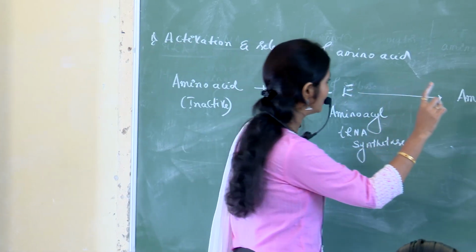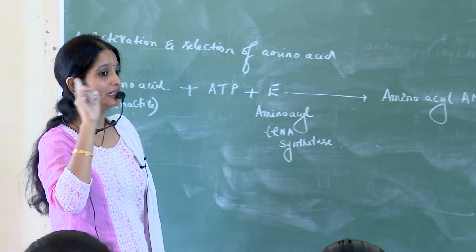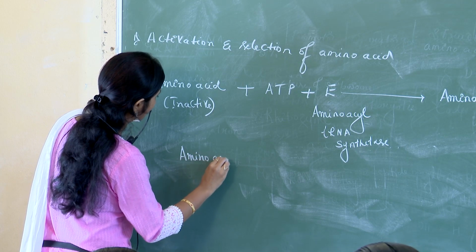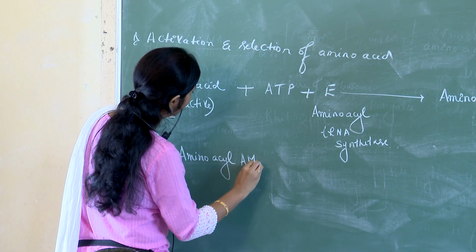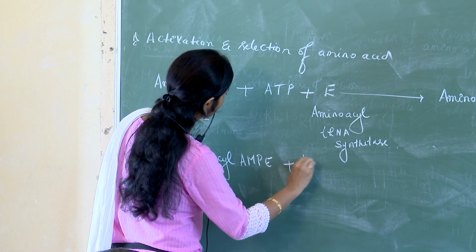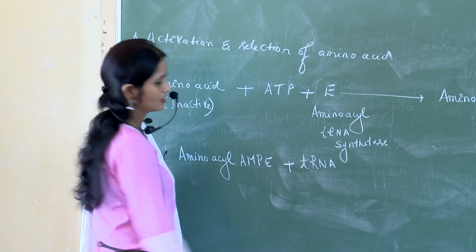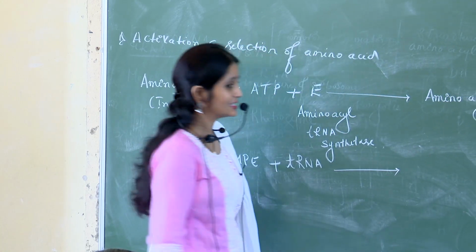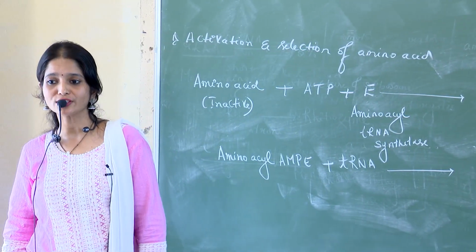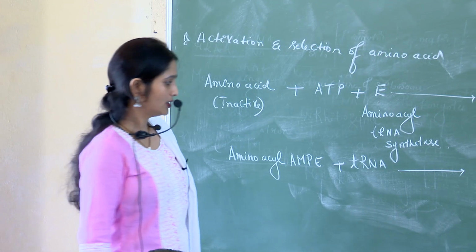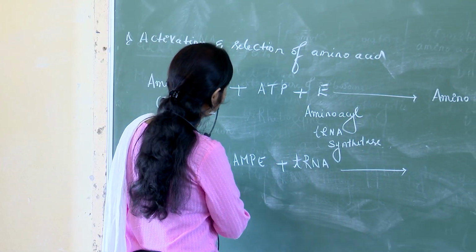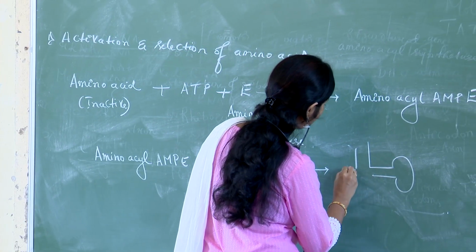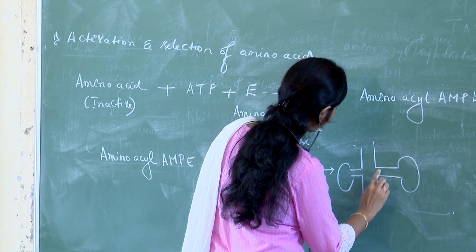Now this activated amino acid reacts with the tRNA. Amino acyl AMP enzyme reacts with which one, students? tRNA. Right? And this process is known as charging. Now, this activated amino acid goes and binds to the tRNA. So, this is the tRNA, right?